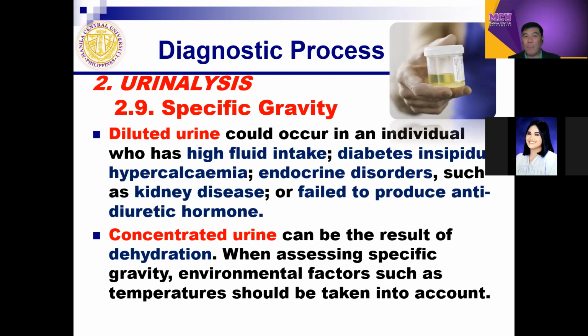Pero pag nag-lead yan sa hypercalcemia, ayan, expect po na ang urine ay diluted. Kung may mga endocrine disorders, kidney diseases, tapos yun nga, failure to produce antidiuretic hormone kasi ang antidiuretic ay nagko-control ng ihi, but somehow if the urine is uncontrollable, then check na yan. It must be checked na yan for the functions of the endocrine, specifically antidiuretic hormone.